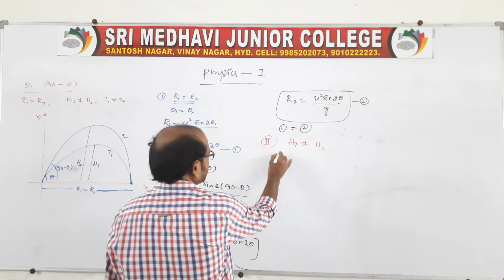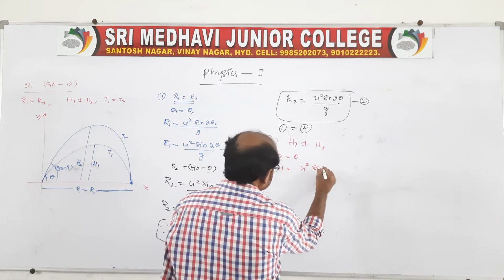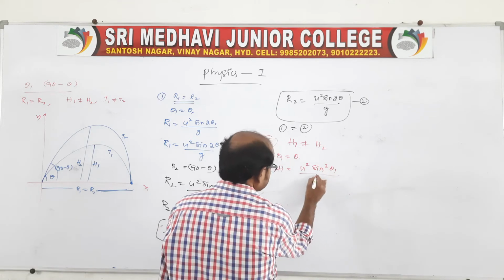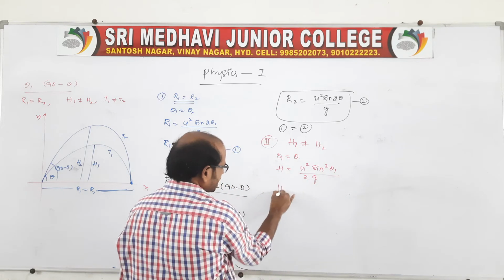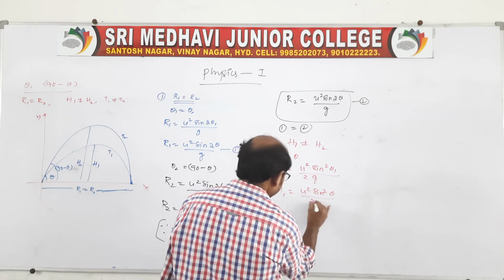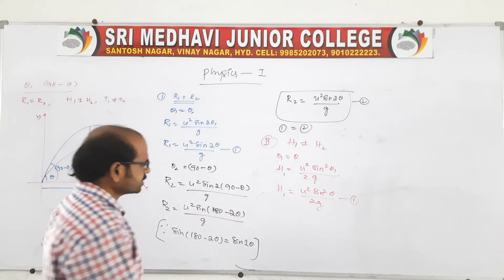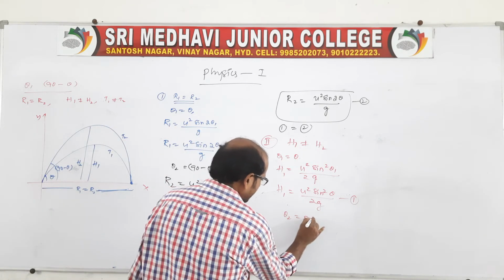So you take theta 1 is equal to theta. Then h1 is equal to u square sine square theta 1 by 2g, that is u square sine square theta by 2g. This is equation 1. And in the same manner, you take theta 2 is equal to 90 minus theta.